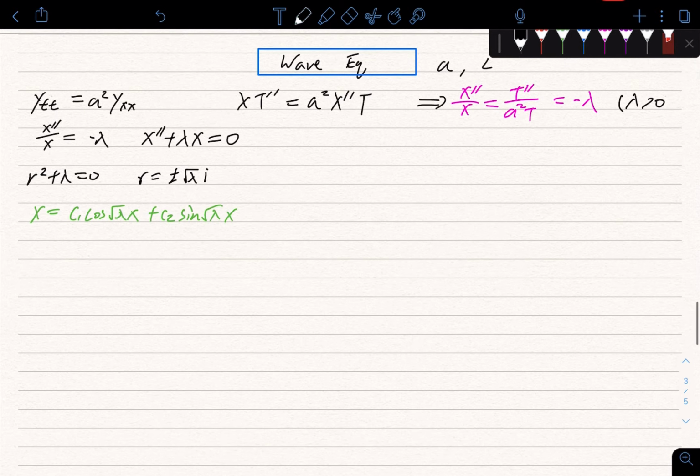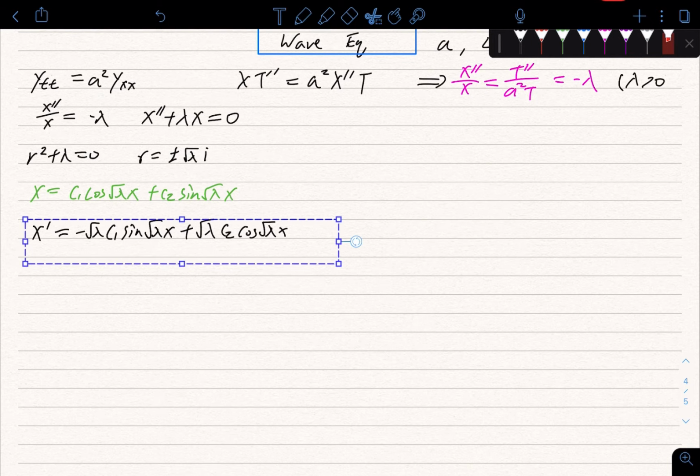And then just differentiate it just for fun: negative square root of lambda c1 sine of square root of lambda x plus square root of lambda c2 cosine of square root of lambda x. And then we'll do the same thing.